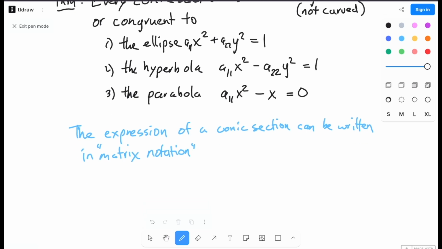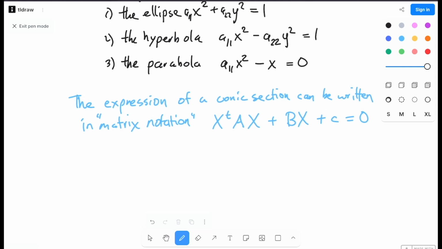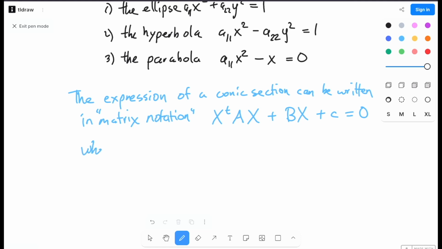In which case it has the form x transpose A x plus B transpose x plus C, I think just a single number there. Where, using the notation from above, x is equal to (x, y).